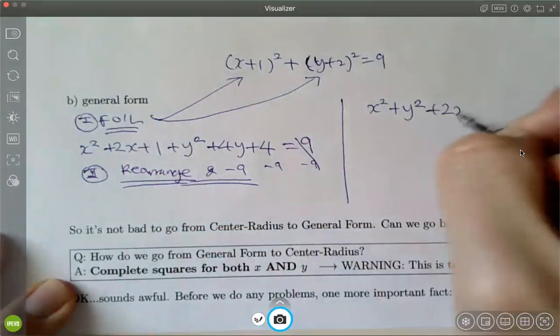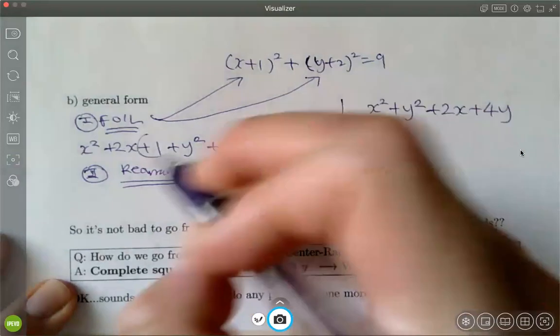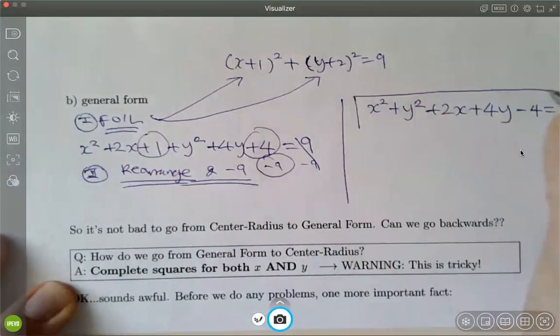Plus 2x plus 4y. And now the numbers, 1 plus 4 minus 9. That becomes minus 4 is equal to 0, right? So that is the general form.